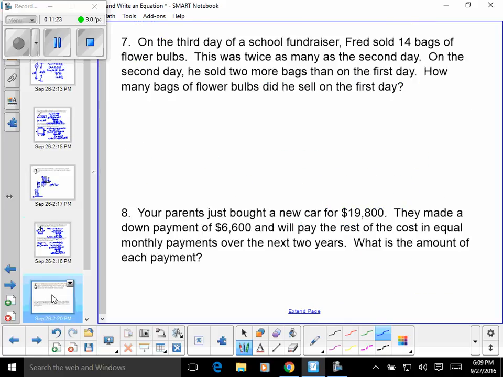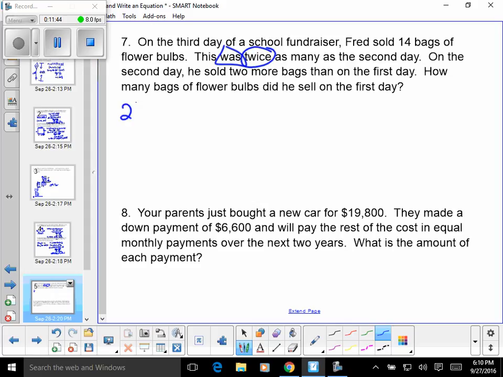Problem 7, we actually solve using two different equations because first of all, it says that he sold 14 bags of flower bulbs on the third day, and then here's that clue word for an equal sign, and then we have this 2 for the second day, twice as many on the second day.